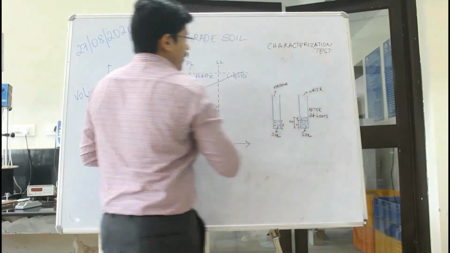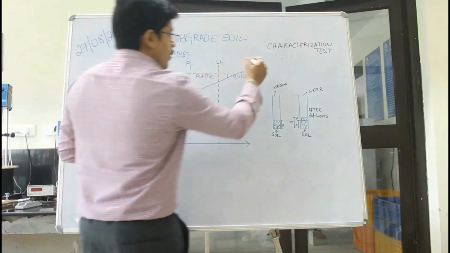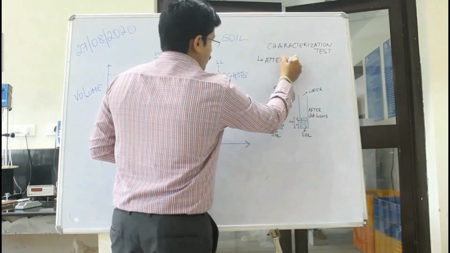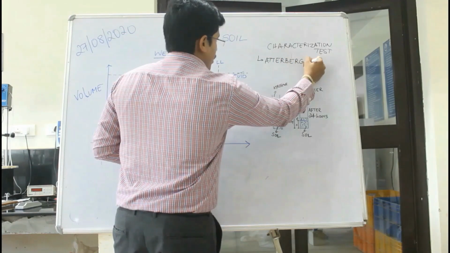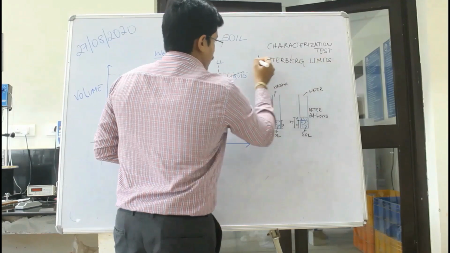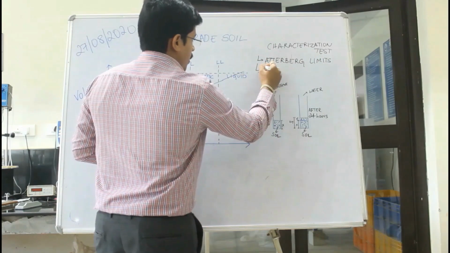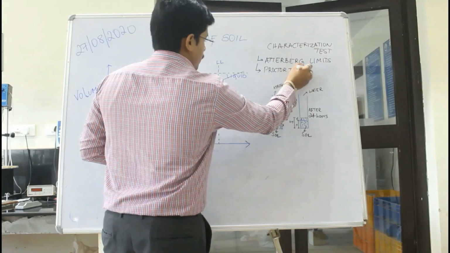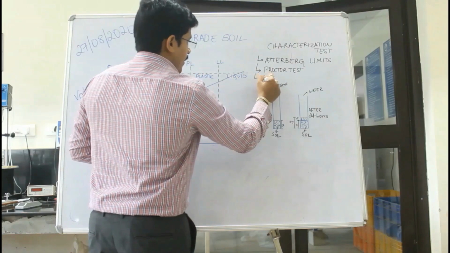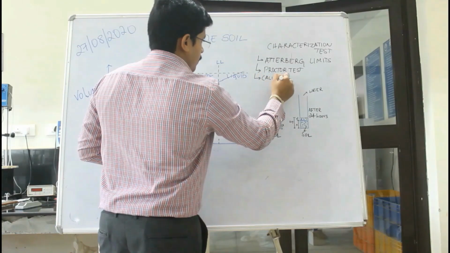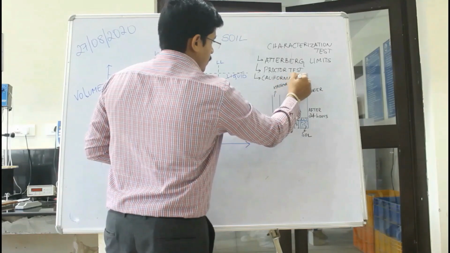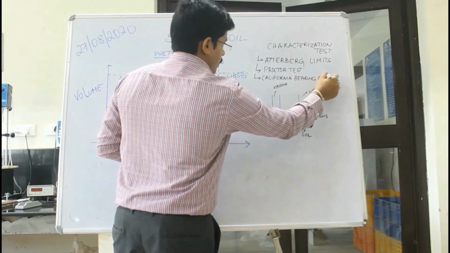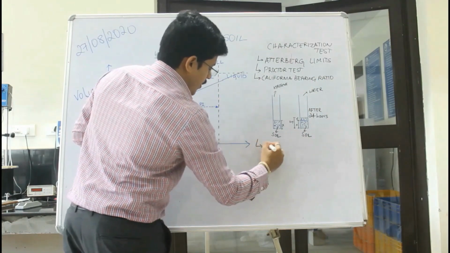So among these, normally the most important one is the Atterberg limit test. Then we do the Proctor test, then we have the California bearing ratio, and then we have the free swell index test.